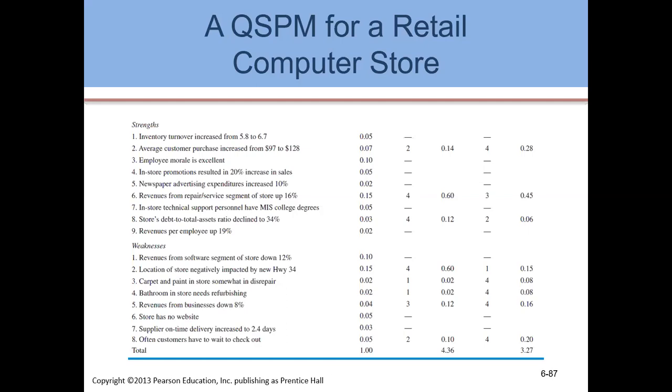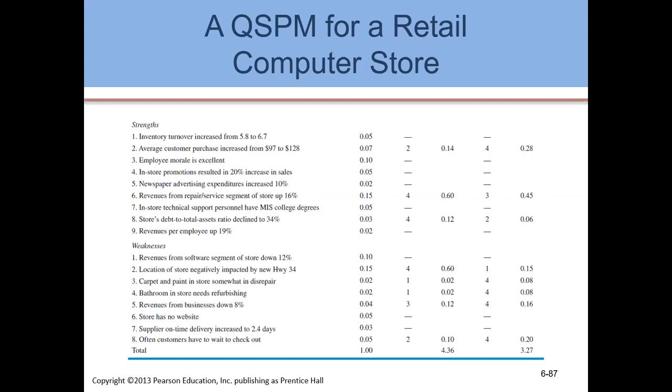After calculating all the TAS, we add those two columns of TAS and eventually reach the total. Look at the bottom of the slide. We have totals of 4.36 and 3.27. These two values are the sum total attractiveness scores. The higher value of the sum total attractiveness score indicates the strategy we need to follow.